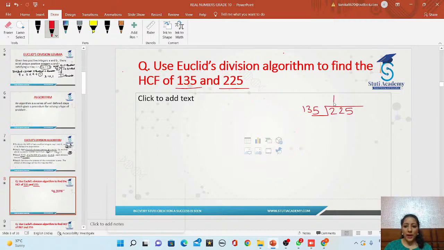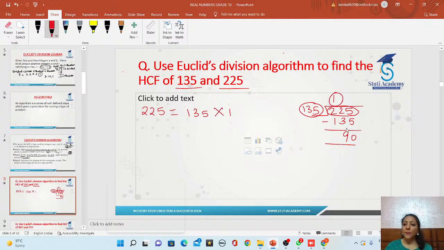This is going to go one time, we get 135 here, and we will be left with the remainder, which in this case would be 90. So I'm going to put it in the same form: dividend, that's 225, equal to divisor, that's 135, into the quotient, that's 1, plus the remainder.